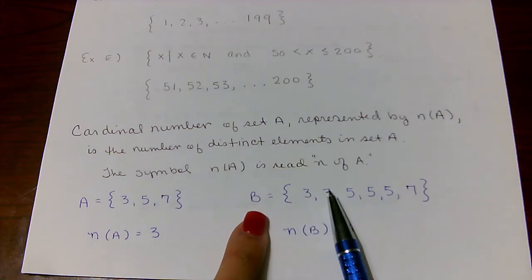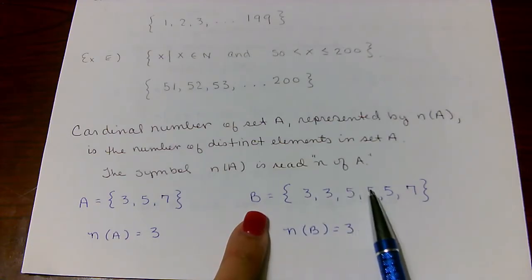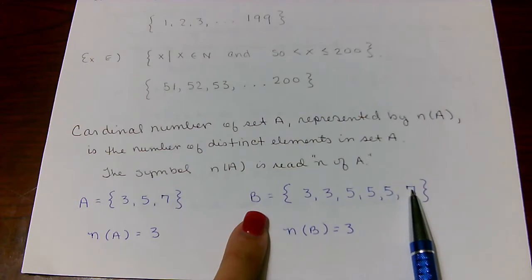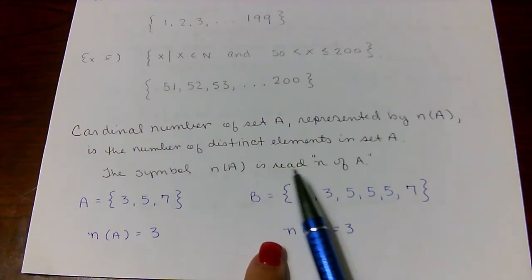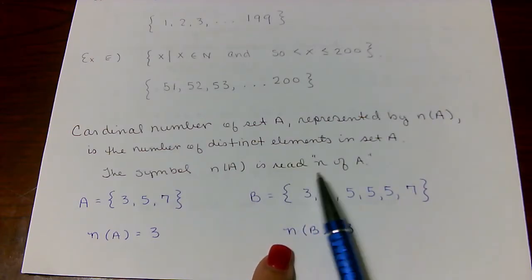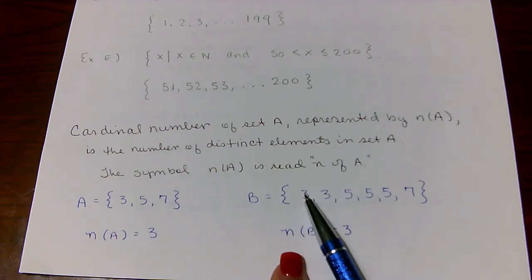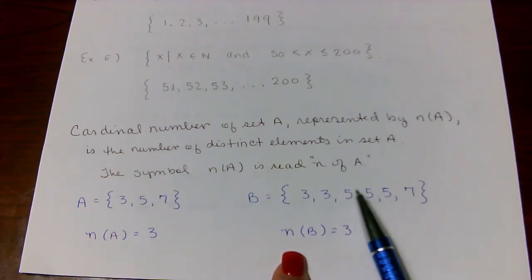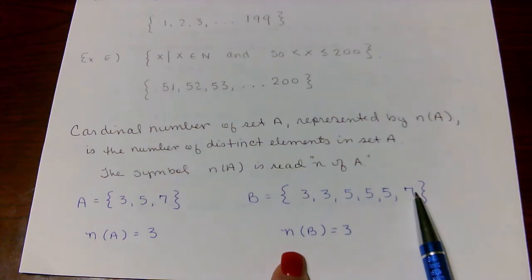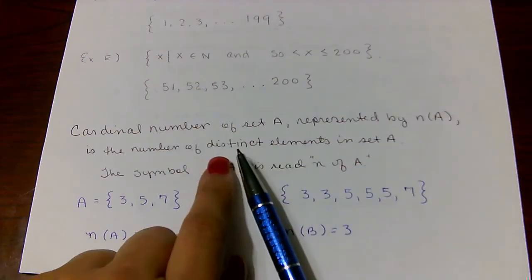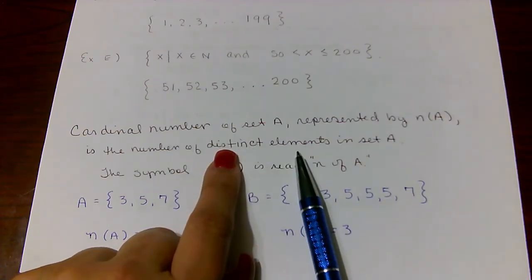B has 3, 3, 5, 5, 5, and a 7. Here it reads that the cardinal number, or n of B in this case, is equal to 3. Remember, even though there are 6 numbers listed, the cardinal number counts distinct elements.